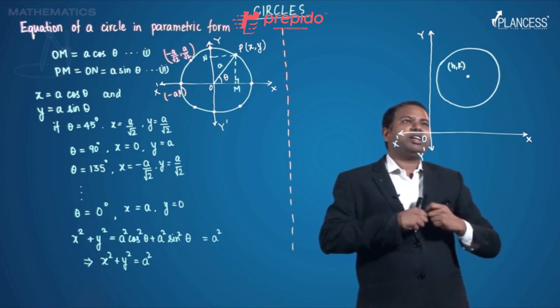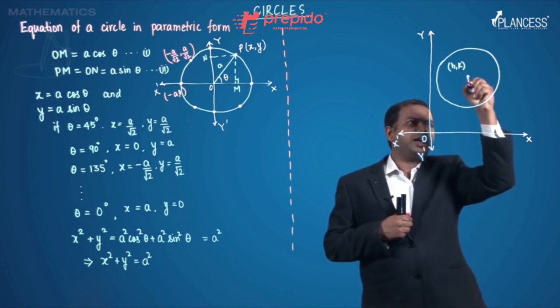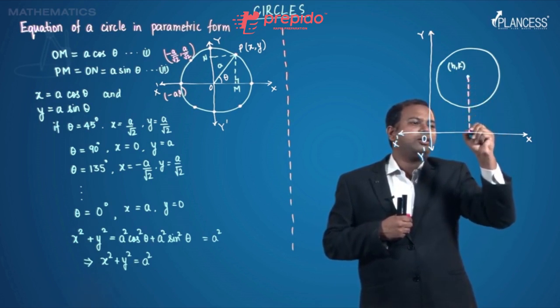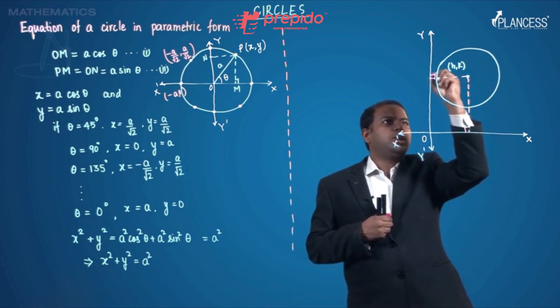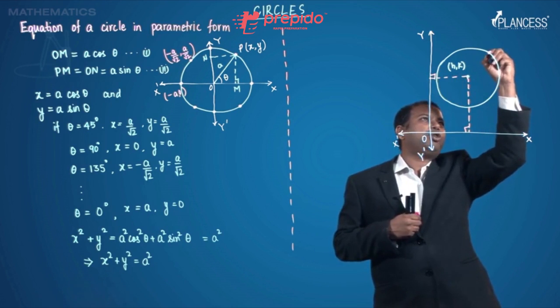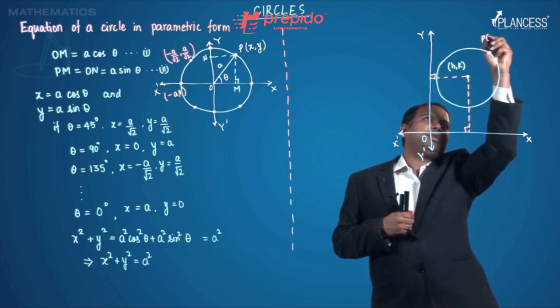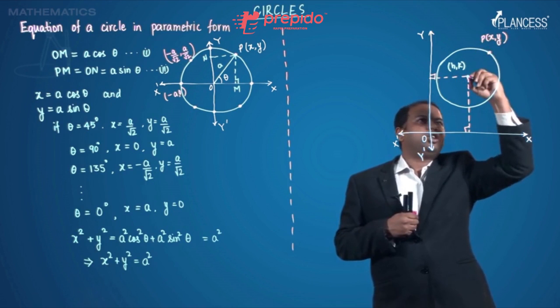The first step here is, let us try to drop a perpendicular from the center on the two coordinate axes, and let us take any general point given by P x comma y on this circle.